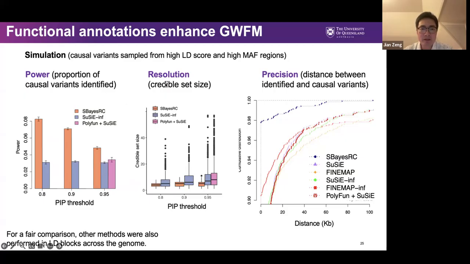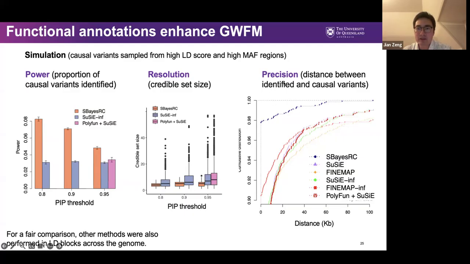And we further look at the resolution, so that is quantified by the credible set size. What we are saying is we not only want to identify more causal variants, but we want to identify those causal variants with a smaller credible set size. Indeed, the genome-wide fine mapping tends to have a smaller credible set compared to the other methods.